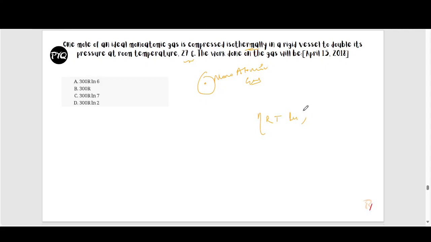This can be done like this: nRT ln of V final by V initial. Let me do this as DIY. Do it yourself.